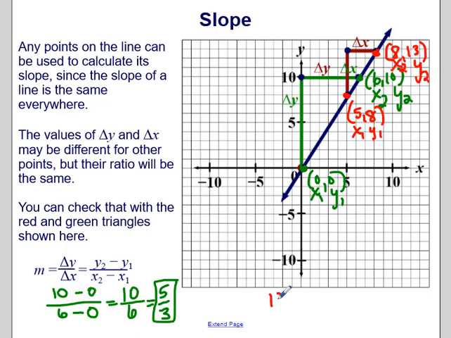So we have 13 minus 8 as y2 minus y1 and 8 minus 5 as x2 minus x1, which simplifies to 5/3, which you can see is the same exact slope as the 2 points from the green delta y and delta x. So no matter which 2 points we used, we still got the same slope of 5/3.